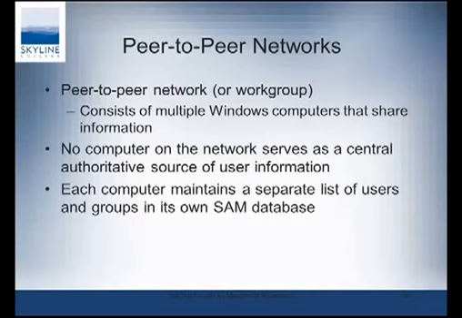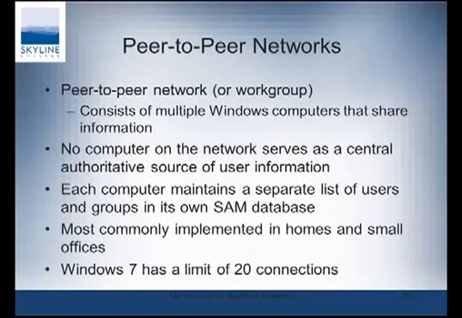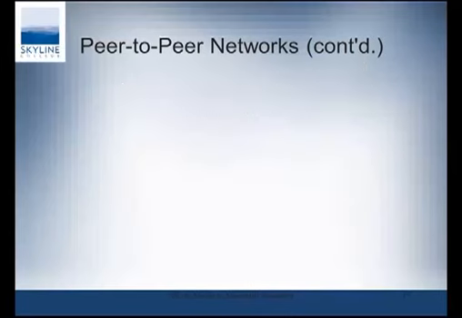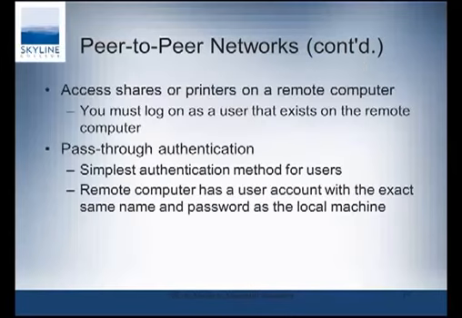Each computer has its own list of users in the SAM database, the Security Accounts Manager, the hidden portion of the registry, and here's the Windows 7 20 connection limit. In peer-to-peer, the SAM is used to access the users on each of those. Pass-through authentication is what I was talking about here.